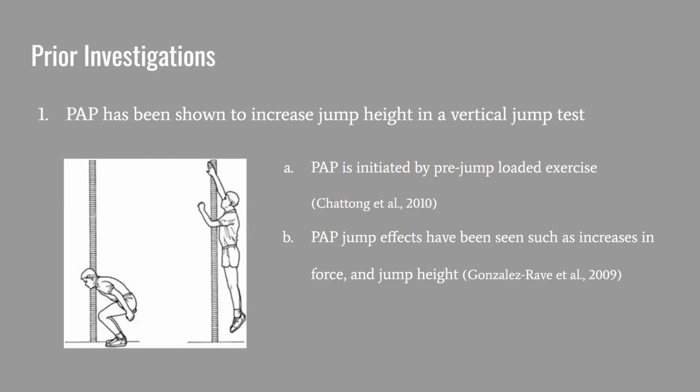And again, this is in differences between a jump using that loaded exercise before doing it and then not exercising at all or doing maybe an exercise with no load. That is where we have seen differences in the jump effects, such as force, jump height, and then possibly to a lesser extent, velocity and acceleration, which is not as well proven, but Bianca will get into more of the specifics regarding the pre-jump part of the loaded exercise.